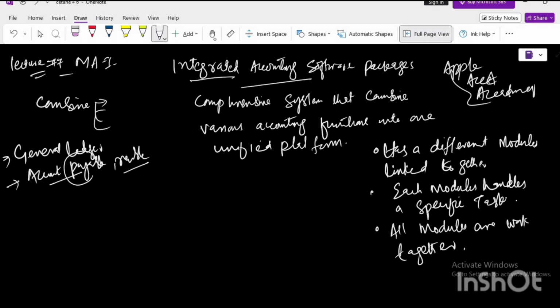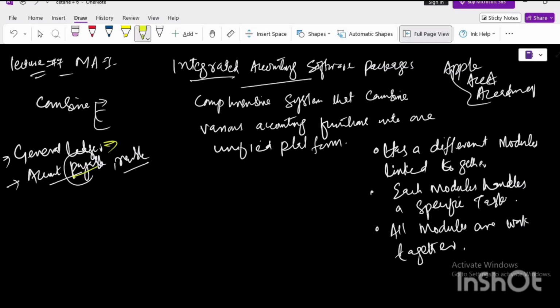Now the modular structure is that each module handles specific accounting tasks that we have discussed. For example, the general ledger is specifically a central repository for all financial transactions. Account payables manage the money owed to the suppliers. Account receivable tracks the money owed by the customers.